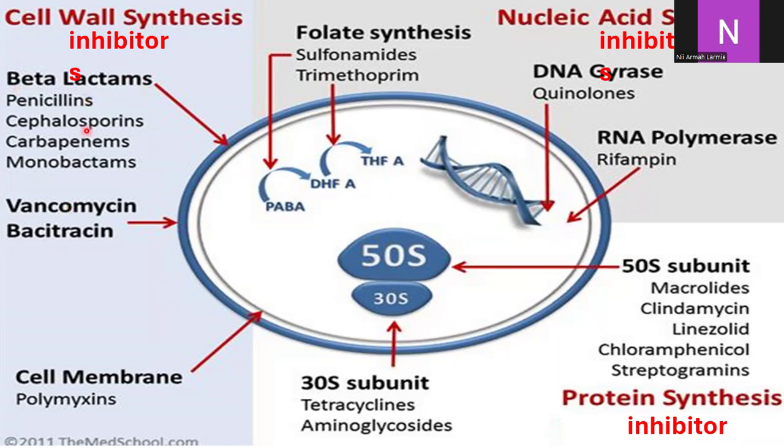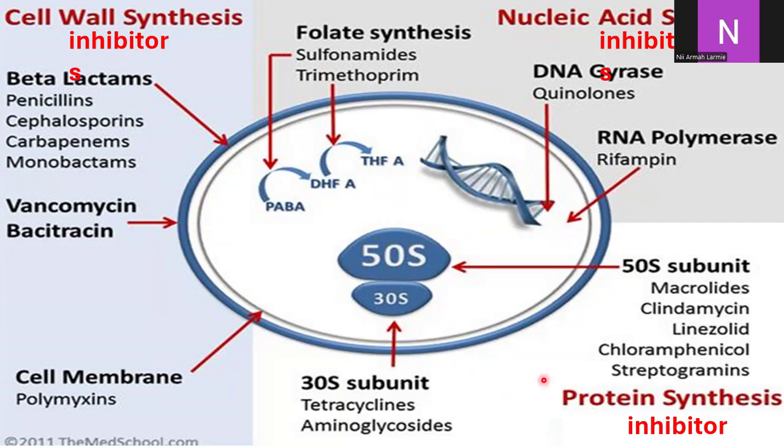And there are four main members of the beta-lactams: penicillins, cephalosporins, carbapenems, monobactams. They are all cell wall synthesis inhibitors. Then we have the glycopeptides, vancomycin. We have bacitracin. Now, these are also cell wall synthesis inhibitors.